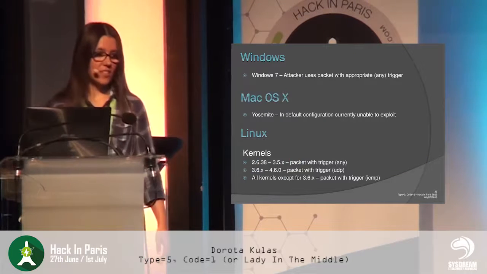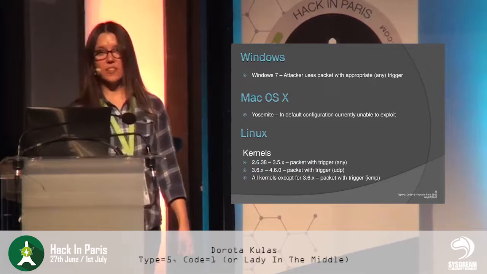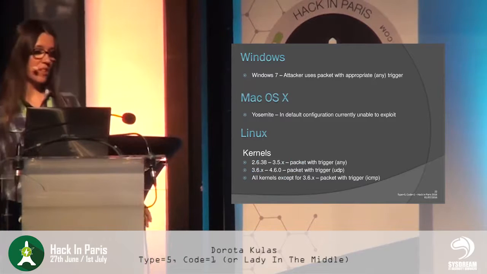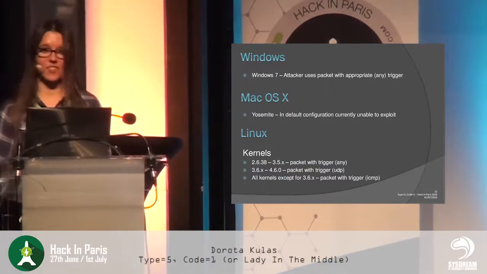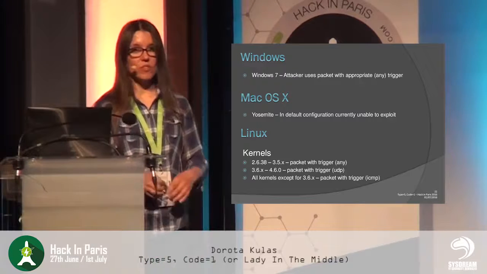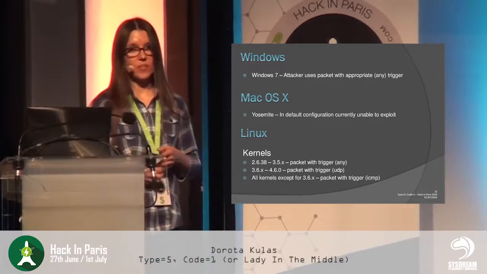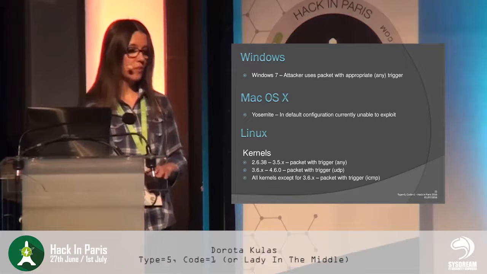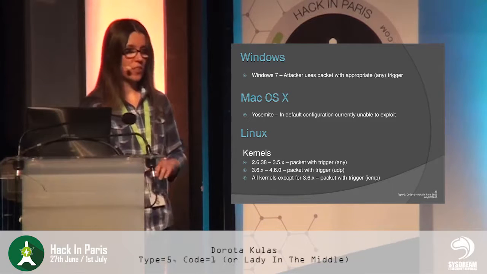And as for tests, I didn't test this on Windows 10 or 8, just Windows 7. You can test it, I will give you the tool. You can use just any trigger. It can be based on TCP, UDP, ICMP, and the attack will just work. macOS, I couldn't make it work.